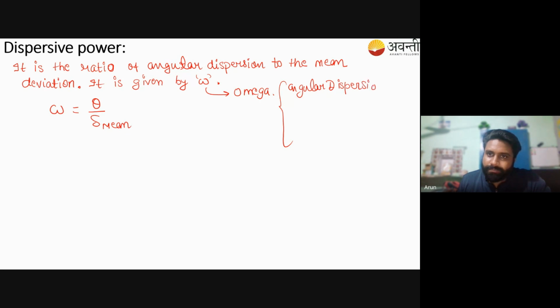So angular dispersion is nothing but the difference of maximum deviation, which is del v, minus del r. It is the difference of maximum deviation to the minimum deviation.